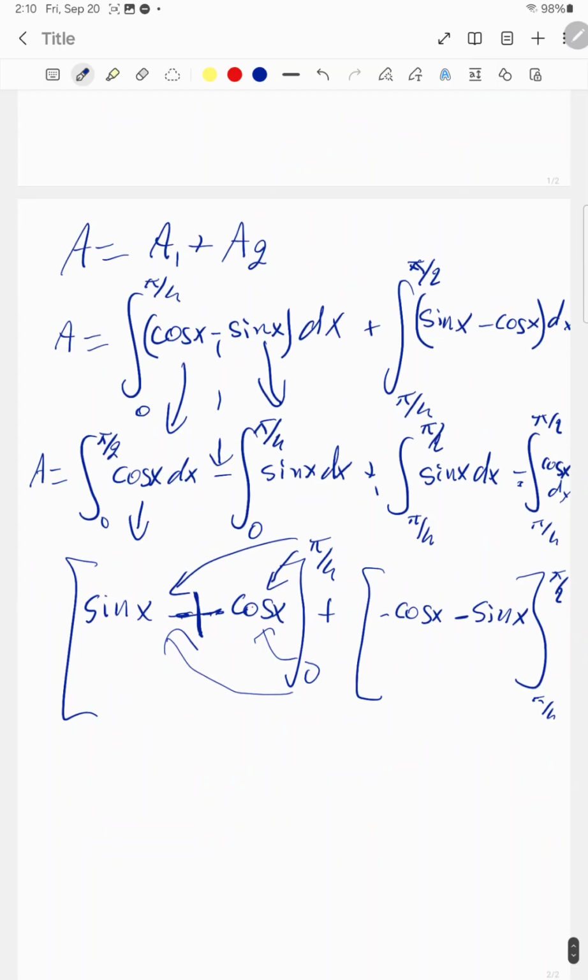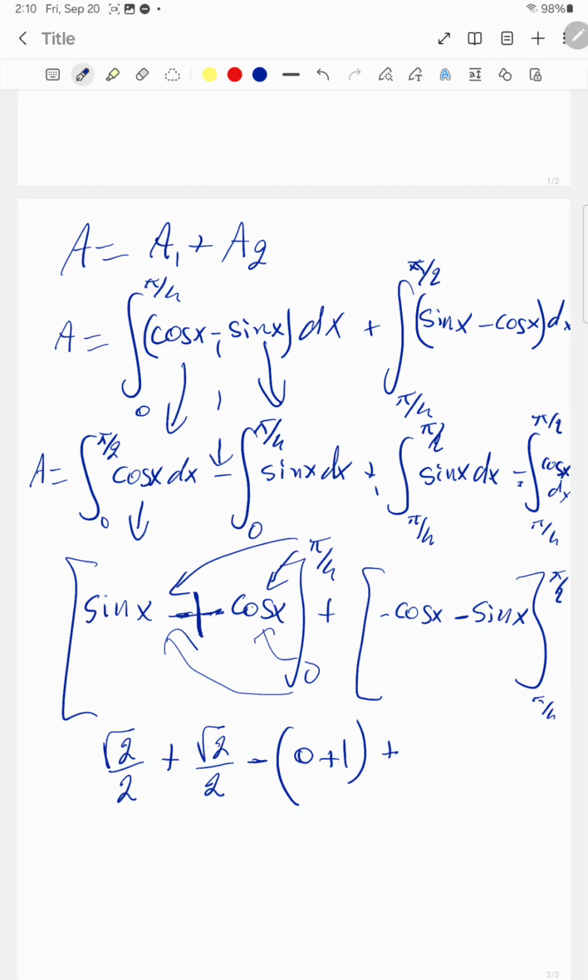So sine of pi over 4, we said, is square root of 2 divided by 2, plus cosine x is square root of 2 divided by 2, minus, and I open my parentheses, the sine of 0 is 0 and cosine of 0 is 1. And then I have this plus here.